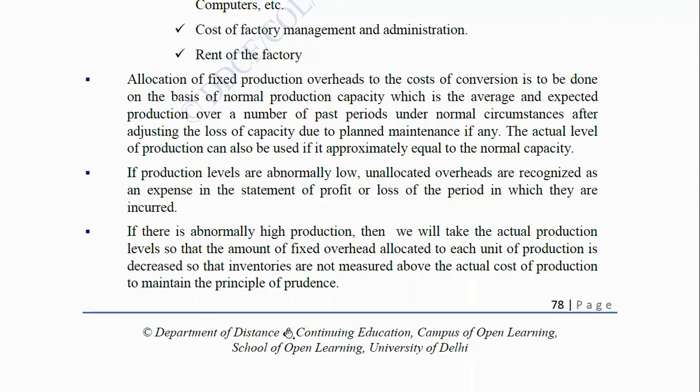If there is abnormally high production, then we will take the actual production levels so that the amount of fixed overhead allocated to each unit of production is decreased, so that inventories are not measured above the actual cost of production, to maintain the principle of prudence.